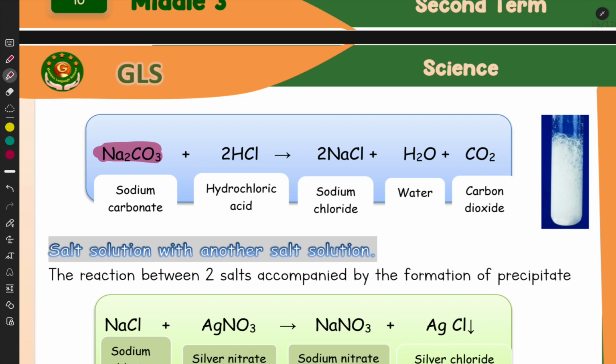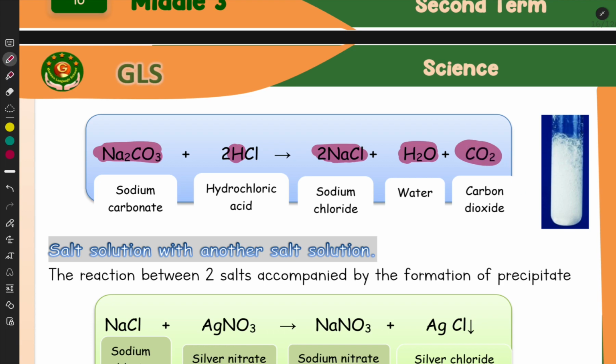If we add HCl, hydrochloric acid, to it, we know it's an acid from the H on it. What will this produce? Na will come to the Cl, so it will give us NaCl plus H2O, water, plus CO2, carbon dioxide.